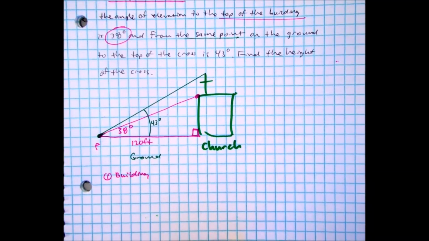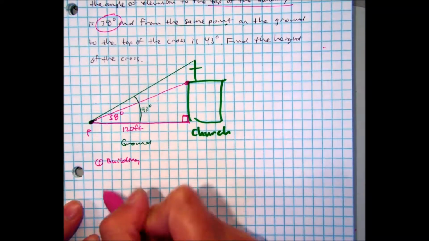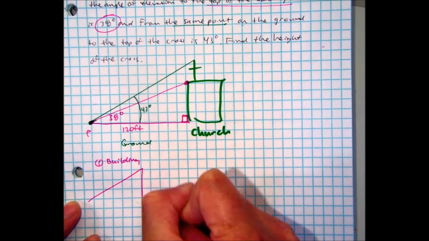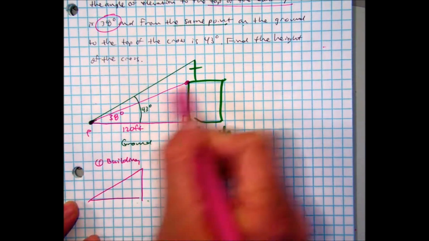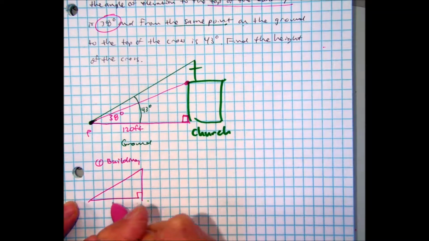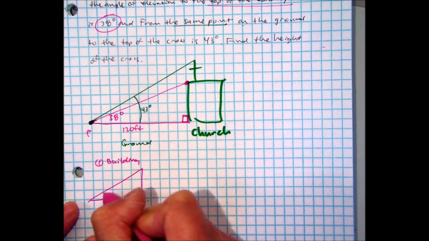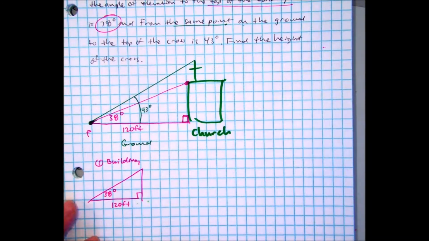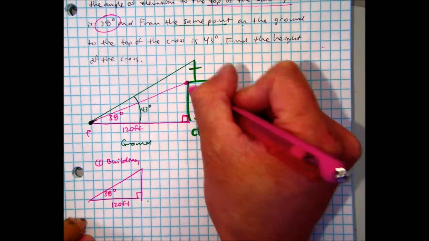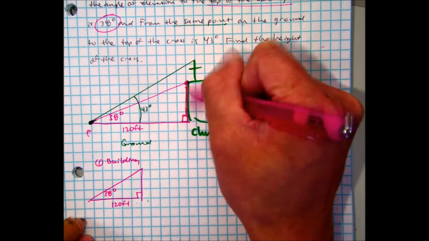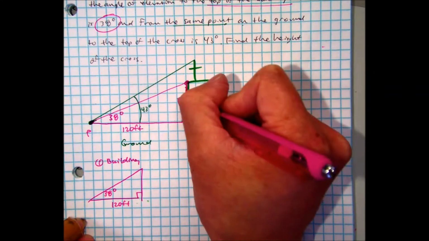If you were taking my geometry class, I would say make a small triangle. Not literally, but redraw the pink triangle. I'm going to call this length here, you can call it anything you want, I'll call it y.